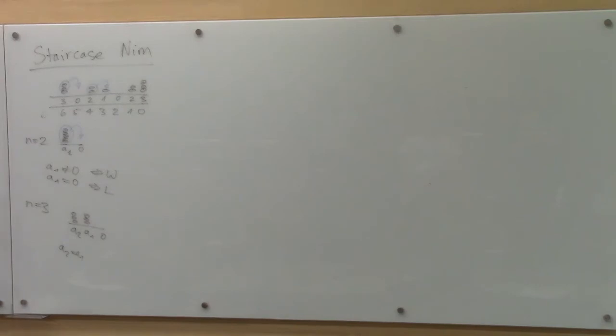Here the valid moves are we can take some coins from A1 and put them here, or we can take some coins from A2 and put them here. So actually, the second player cannot copy the moves of the first player, because we don't have this symmetry between these 2 stacks.